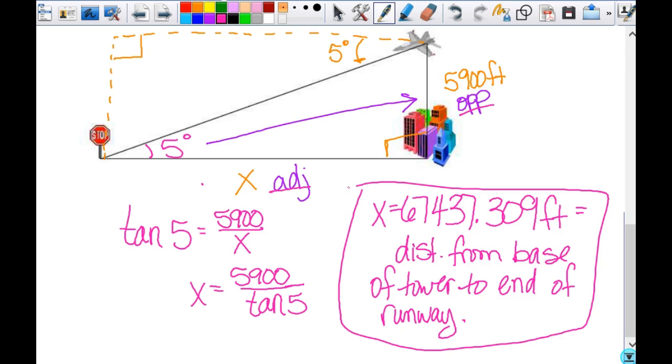Okay. Number 2, I want you to read that question and draw it. So we need to talk about the picture.